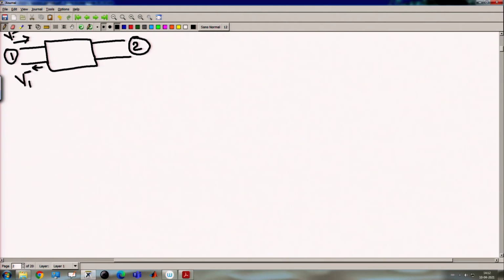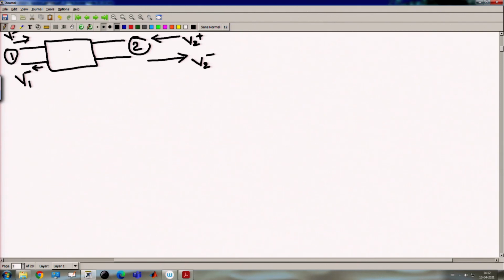V1 plus is the incoming wave and V1 minus is the outgoing wave. Similarly, at port 2 we have V2 plus, and the reflected wave from port 2 we denote as V2 minus.